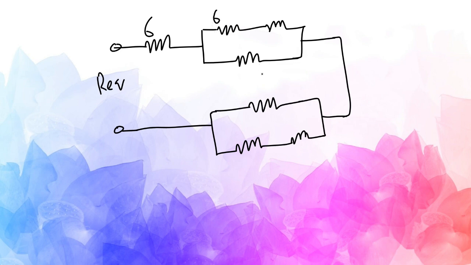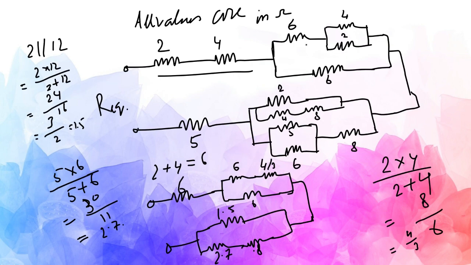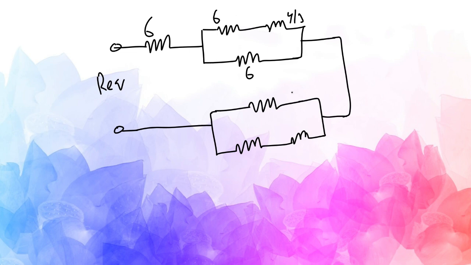The values are 6, 6, 4 by 3, and below also 6. This is 6, 6, 6, 4 by 3, and below it is 1.5, 2.7, and 8.